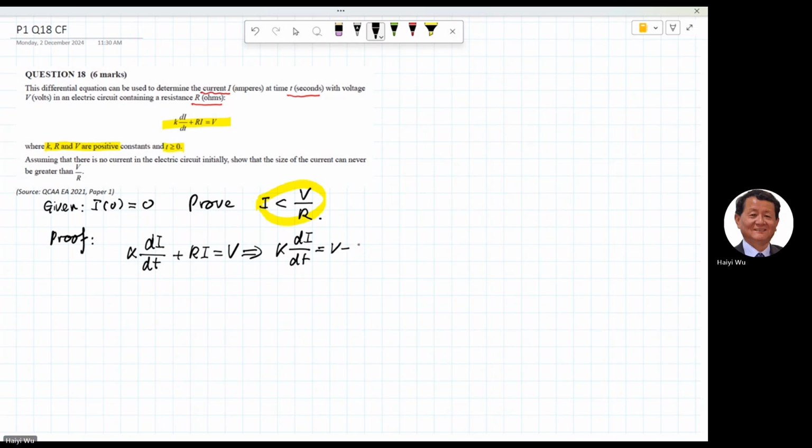Then I'm going to take a common factor. Sorry, I'm going to take an R out. So it becomes V divided by R minus I. You can see I take R as a common factor. Then I'm going to move the K to the right-hand side, so it becomes R divided by K, because they are constants.